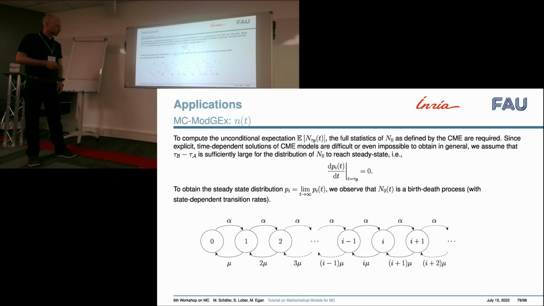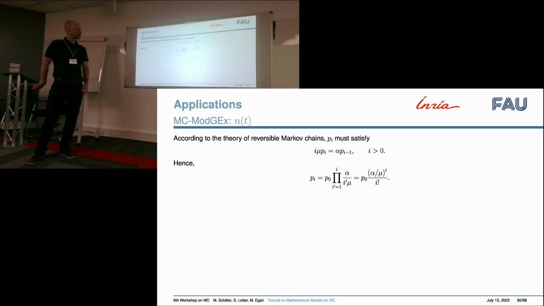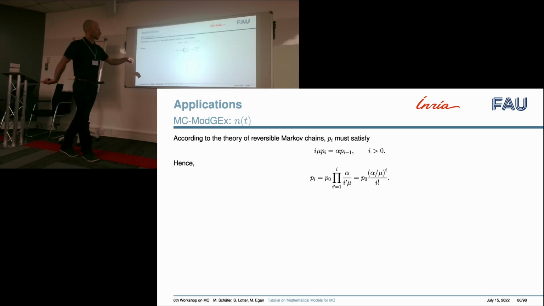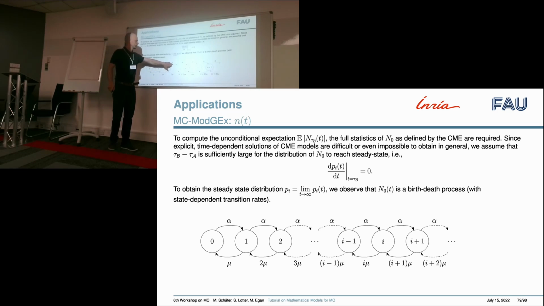So in that case, what we can directly derive from this representation here is actually the complete probability distribution of the number of observed molecules. So in this birth-death system in equilibrium, or in steady state, say, we'll always have the condition fulfilled that this kind of transitions here are as frequent as this kind of transitions here, right?